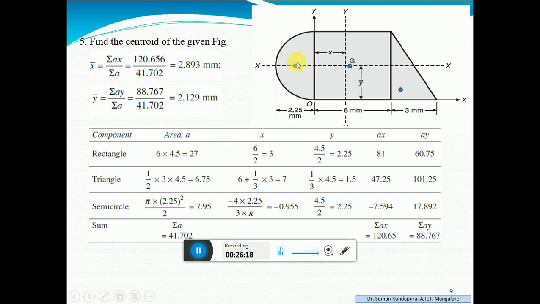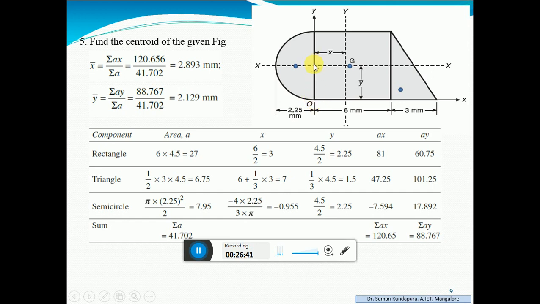Okay. So now you notice one thing. This is the reference y-axis and x-axis given. The semicircle is on the other side of the y-axis. Okay. On the other side of the y-axis, not in this positive first quadrant. It is lying in the second quadrant. Okay.